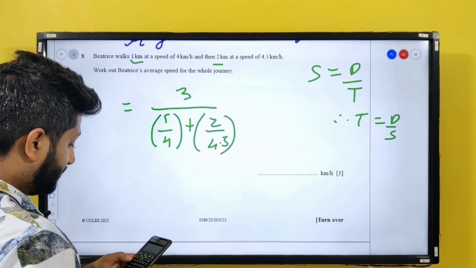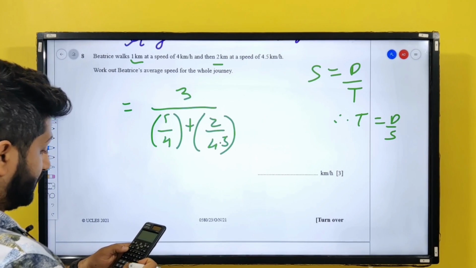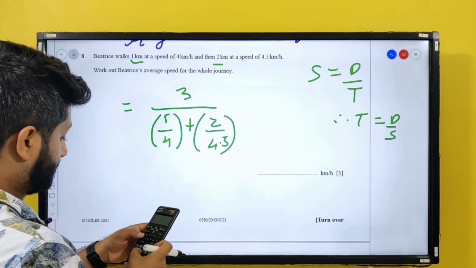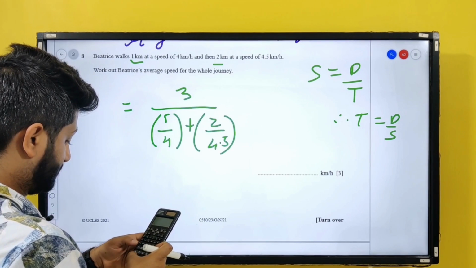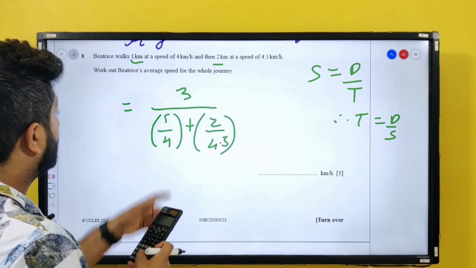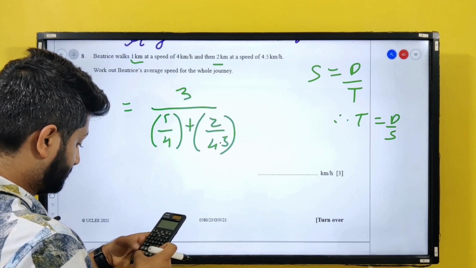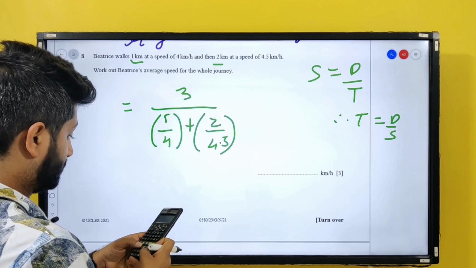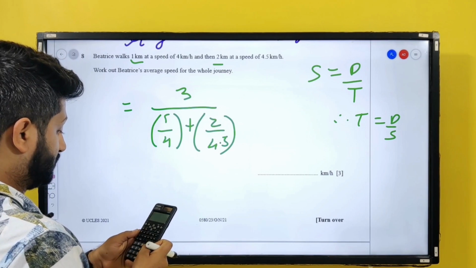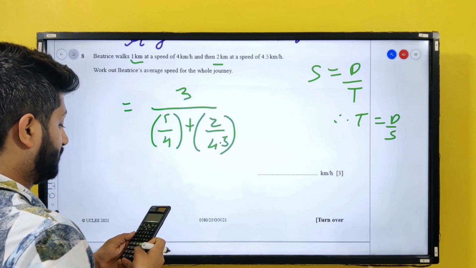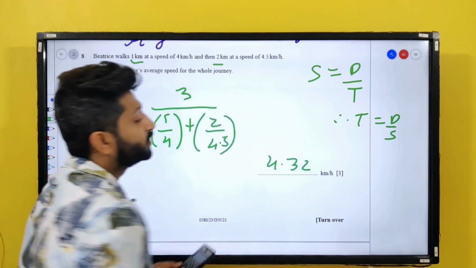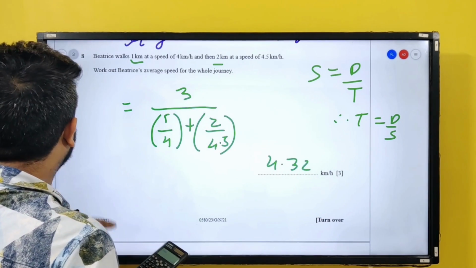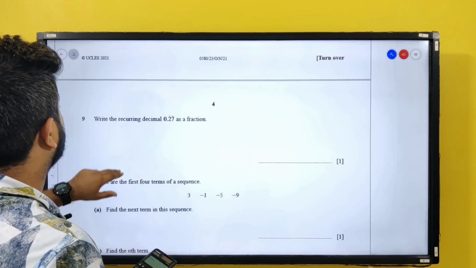So 3 divided by the total time, just a second guys, I'm calculating this. So the answer is 4.32 km per hour.